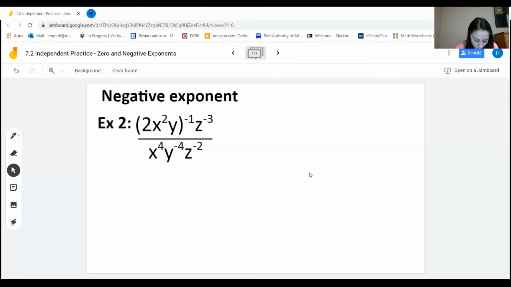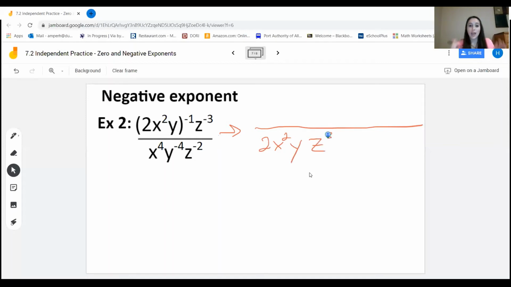So if we move the whole thing first, we're going to end up with, and again, we have z to the -3 on top, x to the +4 on bottom, y to the -4 on bottom, and z to the -2 on bottom. So the things that are on the top that are going to be moving to the bottom are, and you can just draw a big line when you're doing this, 2x² y and z³.